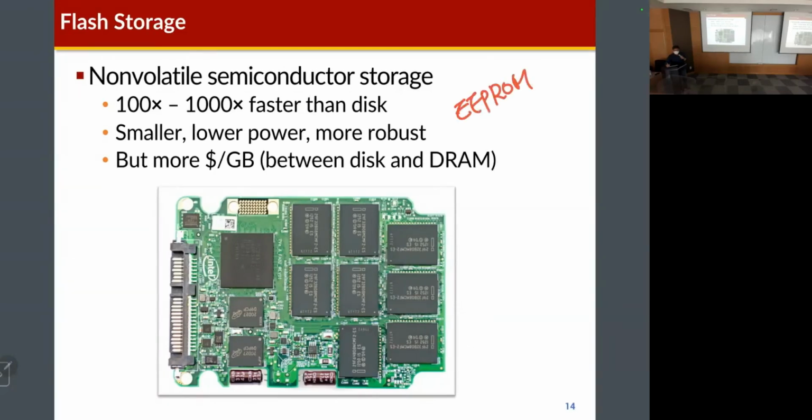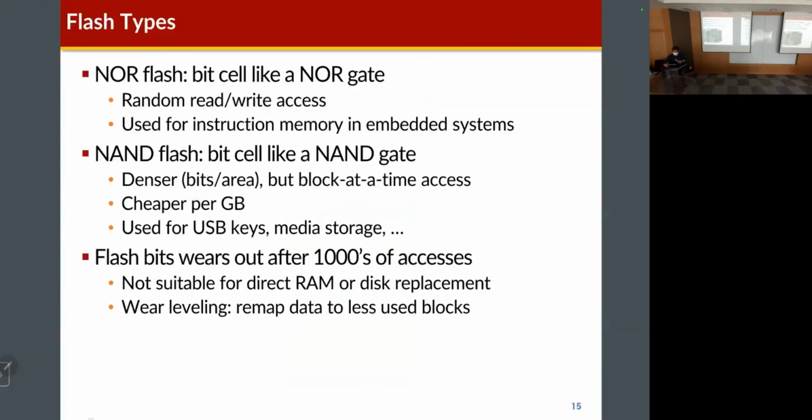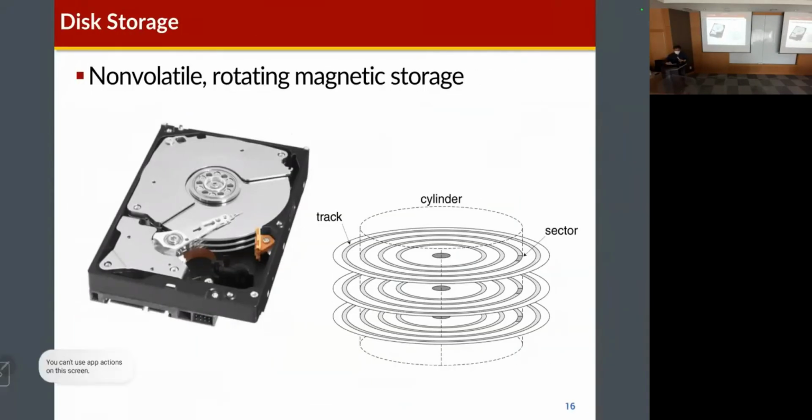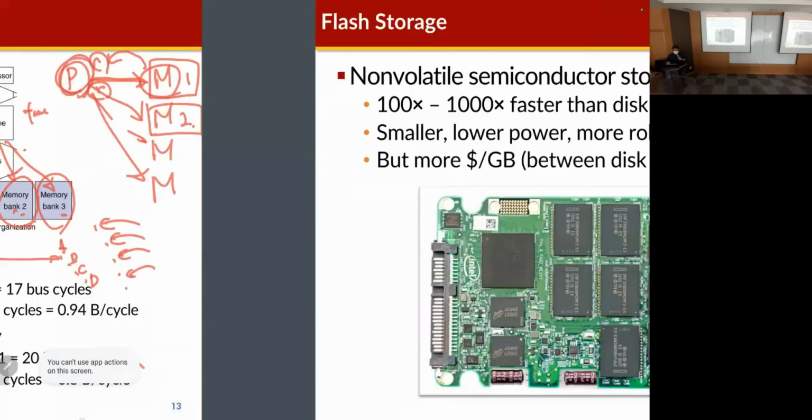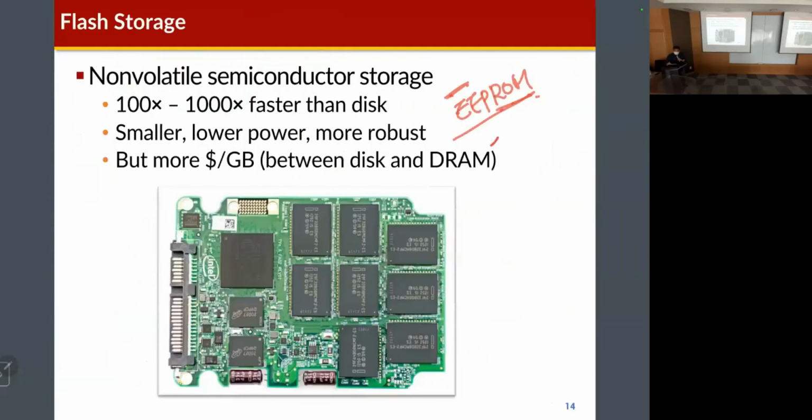EEPROM. As you can see, this EEPROM is read-only memory, but it's electrically erasable. I forgot the abbreviation of the EEPROM, but actually we can erase data of this EEPROM.